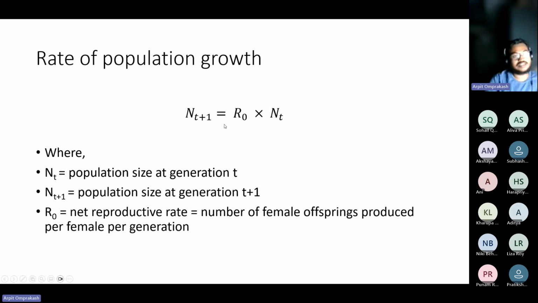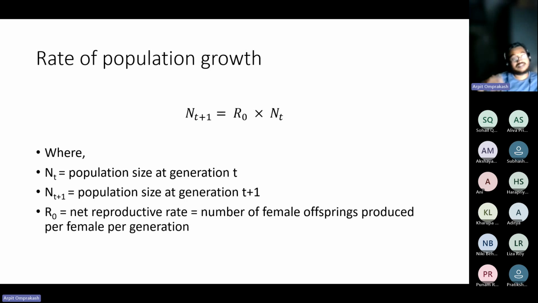N_t+1 is the size of the population at the next generation, t+1. R naught is the net reproductive rate, which is the number of female offspring produced per female per generation. So what is happening is, if R naught is 1, that means the population is constant. The population is not increasing or decreasing. If R naught is less than 1, that means if you multiply N_t by something less than 1, it will decrease, right? So the population is decreasing generation by generation.